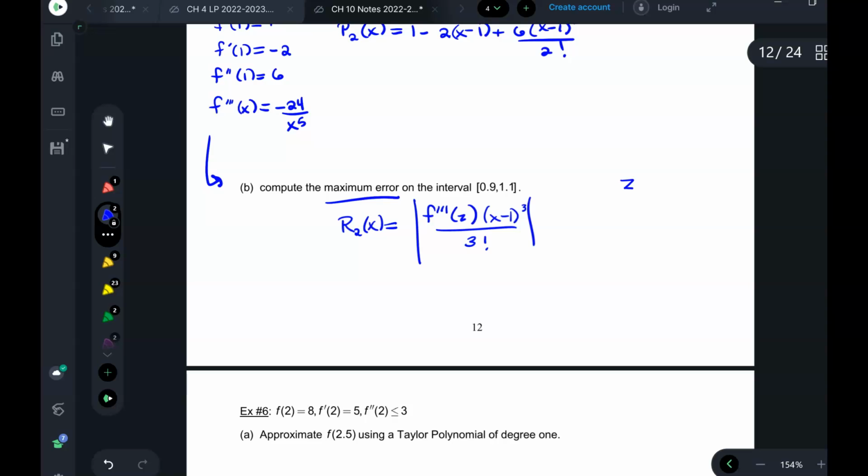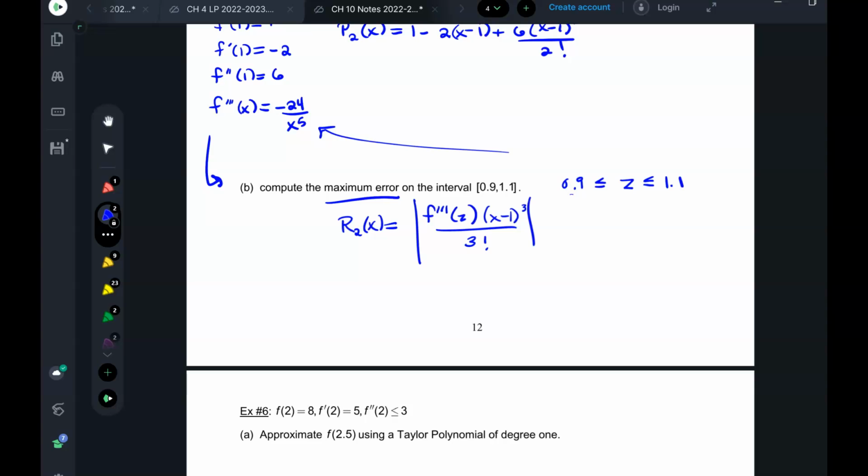Now, z is going to be between 0.9 and 1.1. So what's going to make that as large as possible? 0.9 will make it as large as possible.